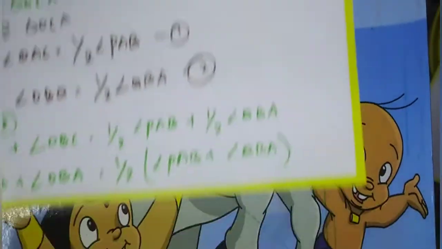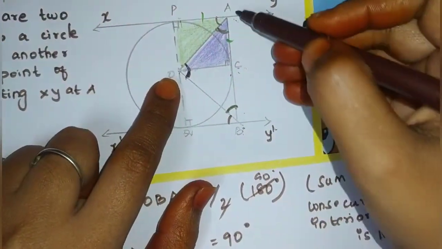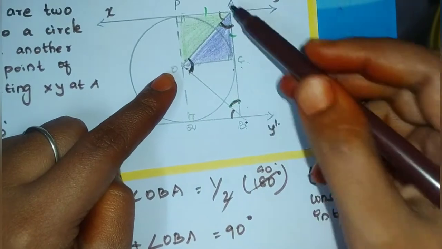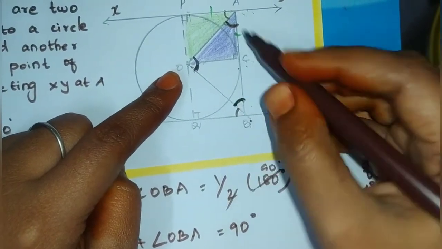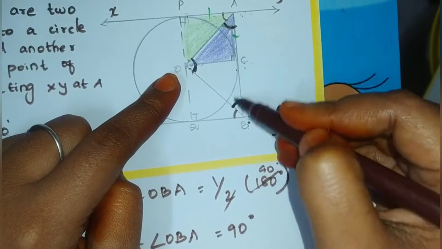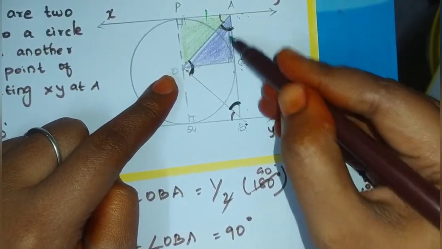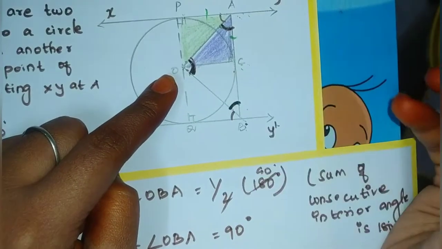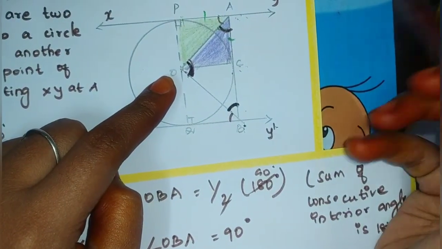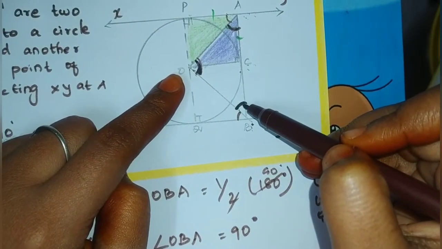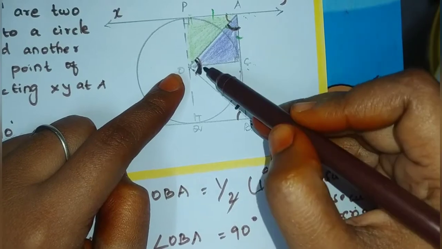So which one is OAB? This angle, and OBA, this angle. If you add these two angles, you get 90 degrees. Clear, children? Then what about this angle?